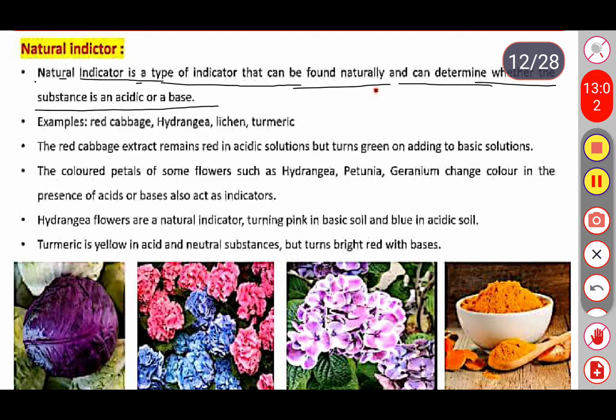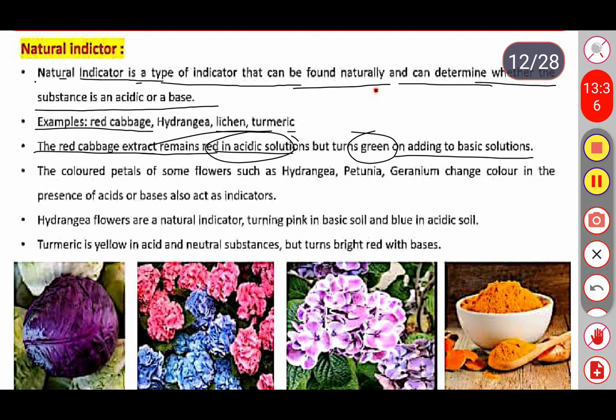For example, red cabbage, lichens, and turmeric. The red cabbage extract remains red in acidic solution, which means it does not change its color in acid, but the same red cabbage turns green when it dissolves in a basic solution.